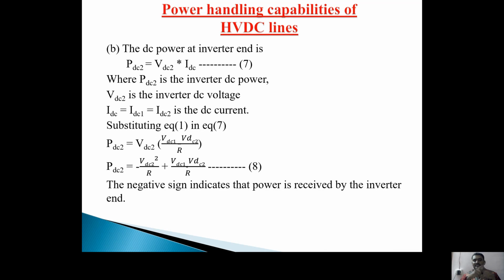Here the negative sign, that is minus VDC2 square by R, indicates that power is received by the inverter end.